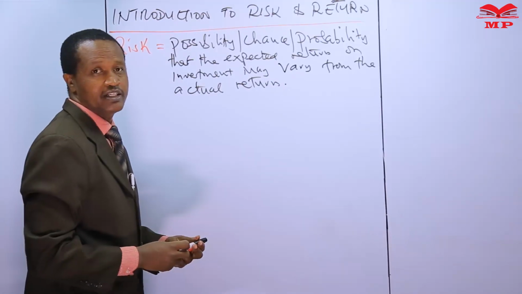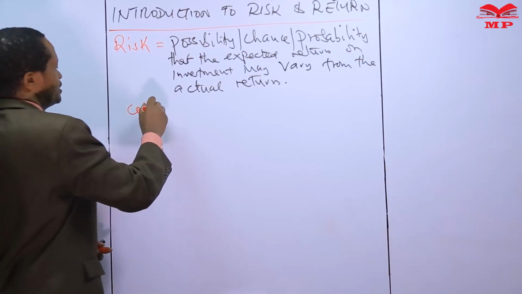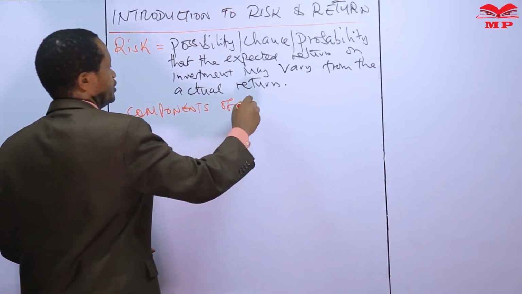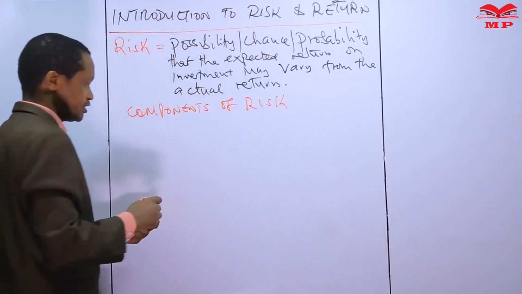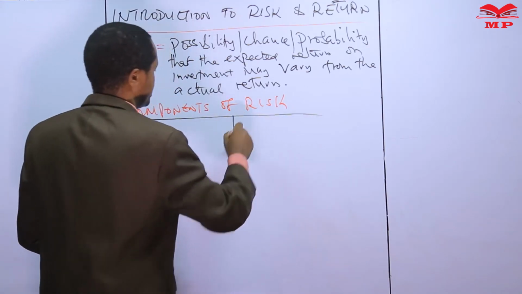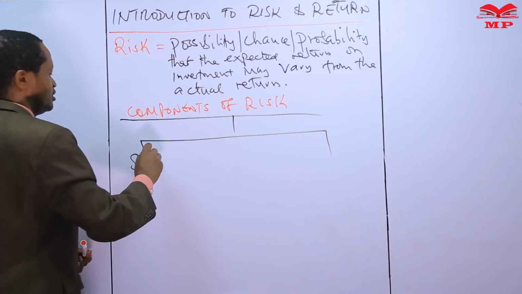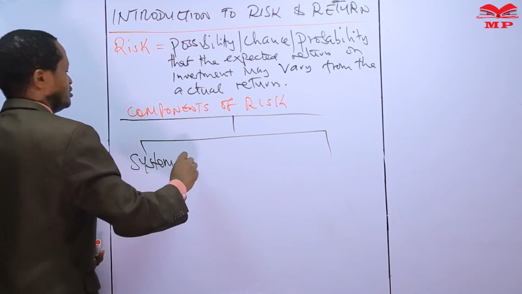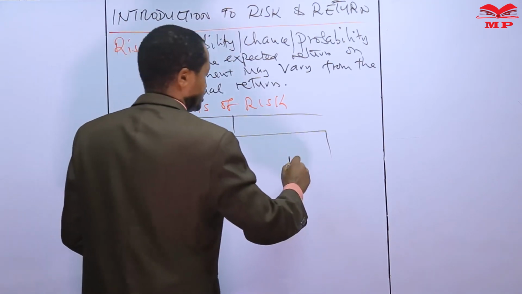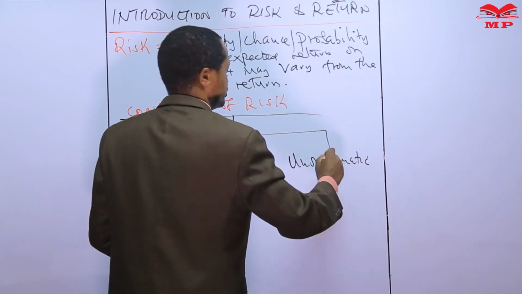And we went further and discussed the various components of risk. And we say that risk can generally be categorized into two. That is the systematic risk and the unsystematic risk.